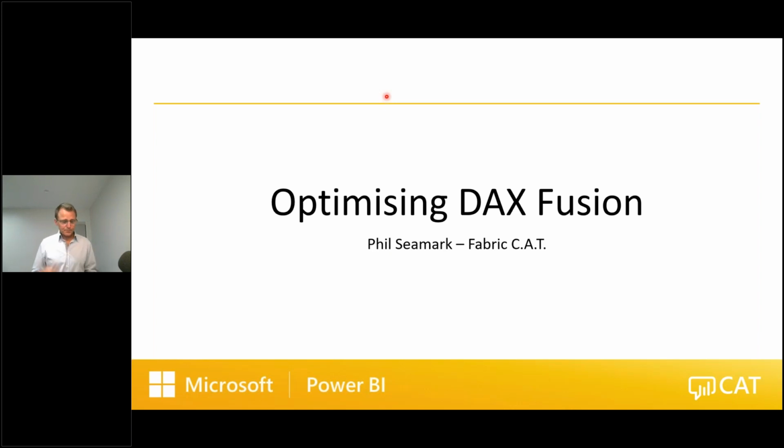And the good news is we can typically optimize it, and there are many different approaches that you can try. But in today's session, we're going to be talking very specifically about DAX Fusion.